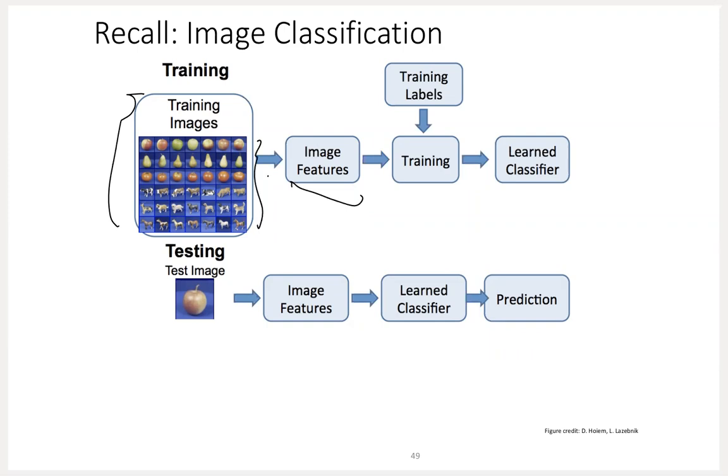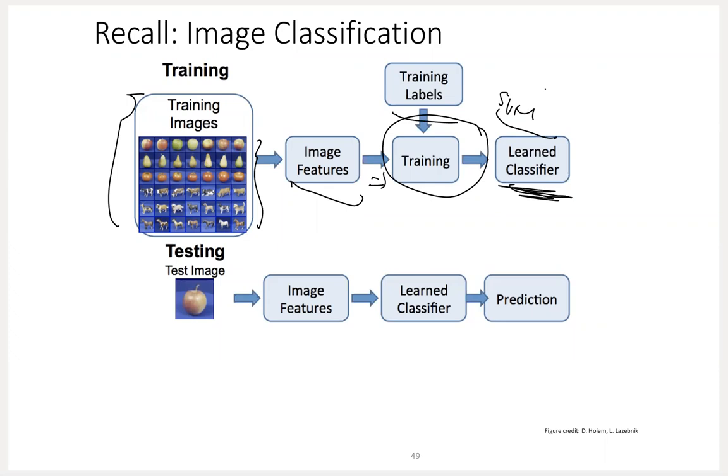If you don't know PCA, it doesn't matter. It's just another way to extract features. Once we extract the features, we train a classifier. This can be, for example, an SVM, and given the labels we train the SVM and get a learned SVM model.